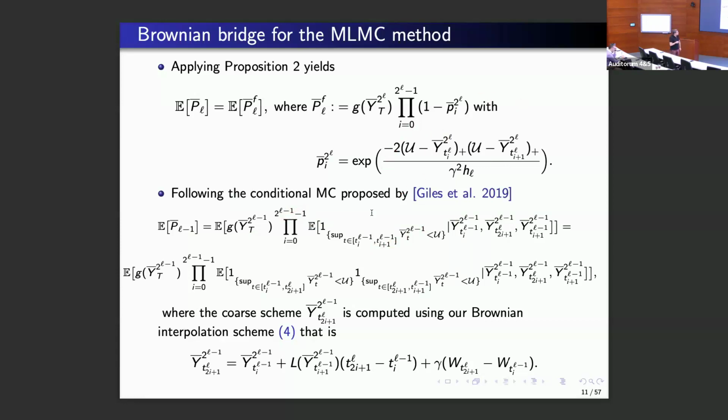One can wonder: you have to take a good interpolation. If a good interpolation is not chosen, you can't succeed in running a successful multi-level Monte Carlo. And it turns out that our scheme, the interpolation I showed you before, works well for this technique.